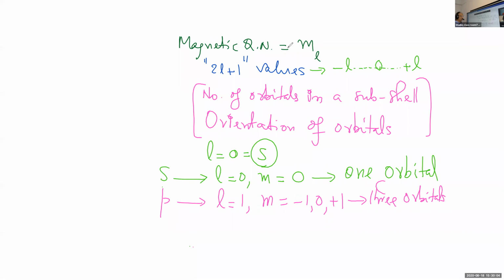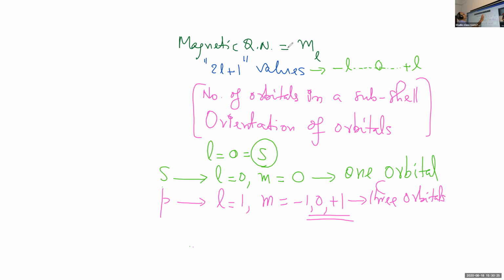We know the shape also, that is a double dumbbell. So from the number of m values, we can determine the number of orbitals possible in the given subshell.